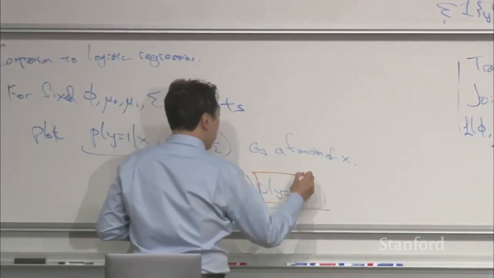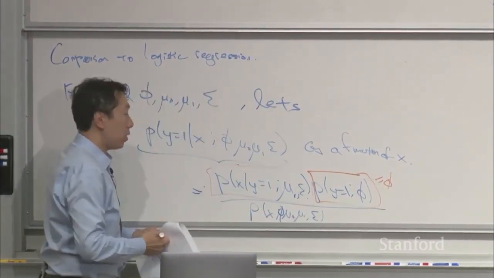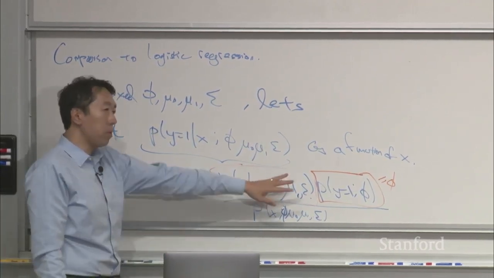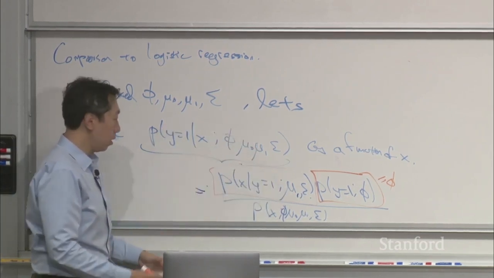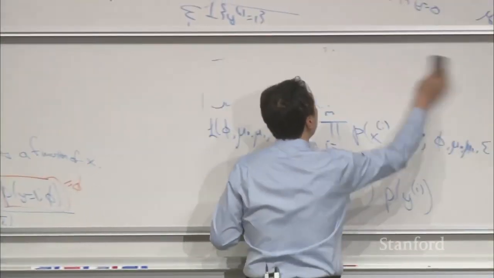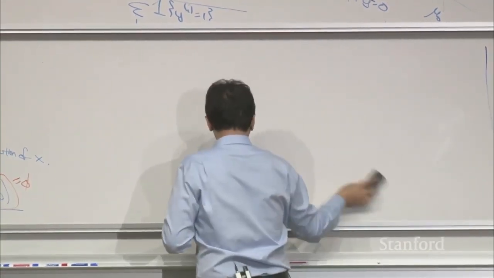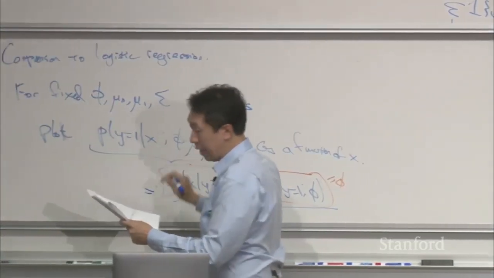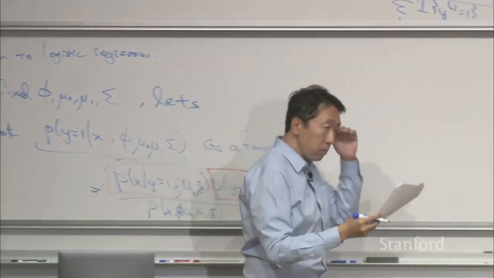This is a Bernoulli probability, so P of y equals 1 parameterized by phi is just equal to phi, that second term. And you similarly calculate the denominator. So for every value of x, you can compute this ratio and thus get a number for the chance of y being equal to 1 given x. I'm going to go through one example of what function you get for P of y equals 1 given x if you actually plot this for different values of x.